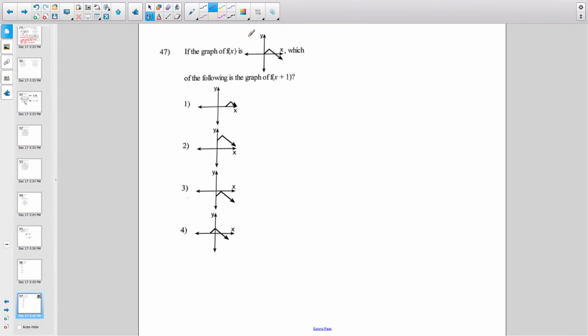So, looking at this graph here, that's called the parent because they gave it to us as the baseline. So that's our parent function. Now, they're saying which one looks like this, like they've transformed it in the following ways.